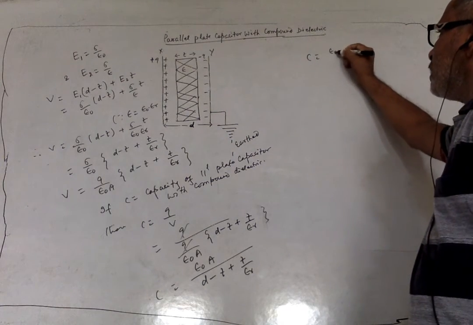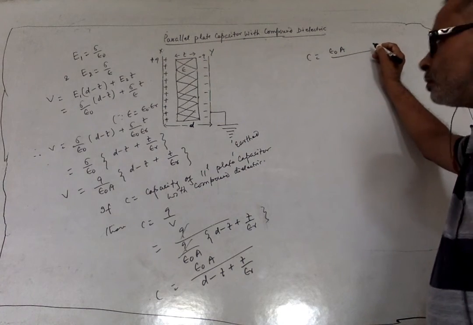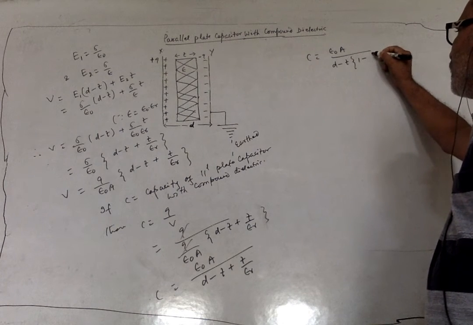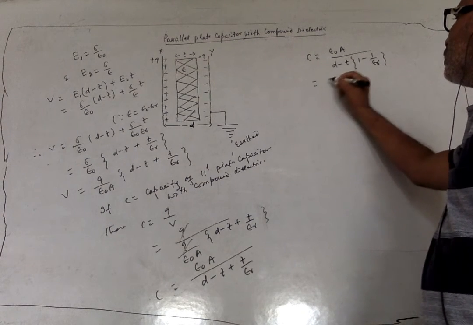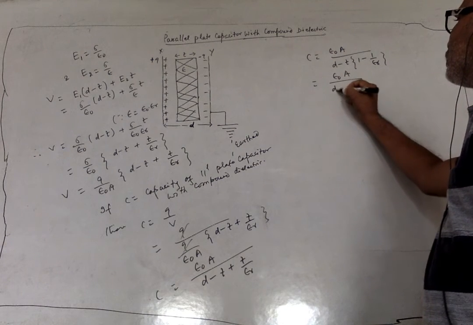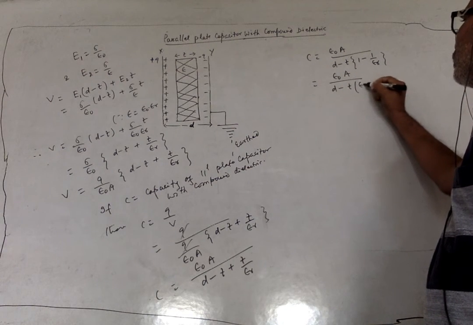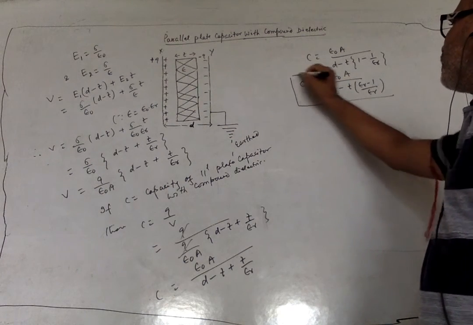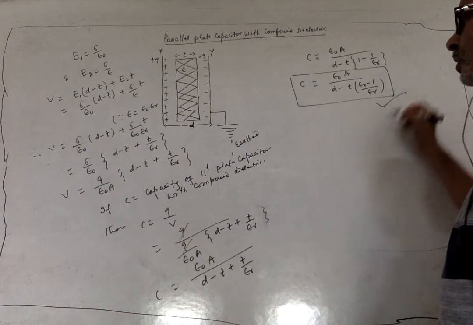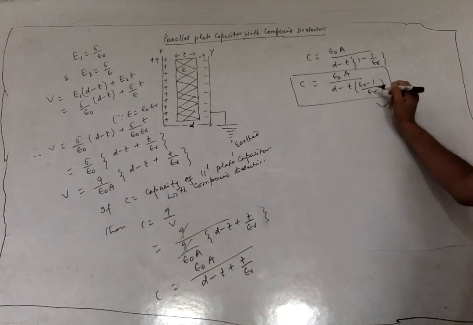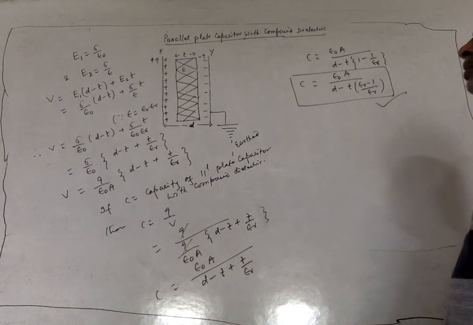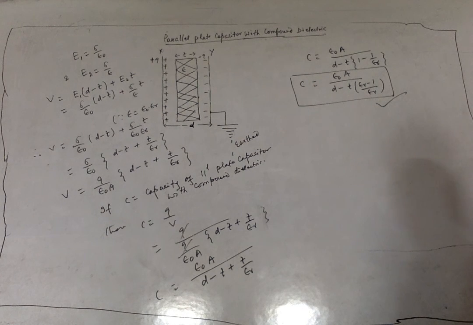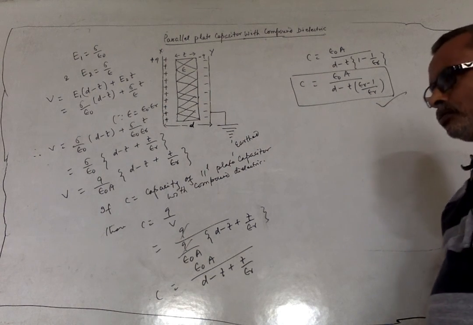So C equals epsilon naught A by d minus t (1 minus 1 by epsilon r). This is the expression for capacity of a parallel plate capacitor with compound dielectric. It is clear from this expression that when a dielectric is inserted between the plates, the capacity increases. That's all.